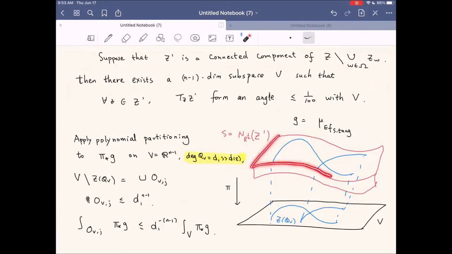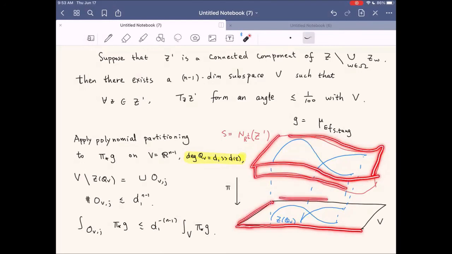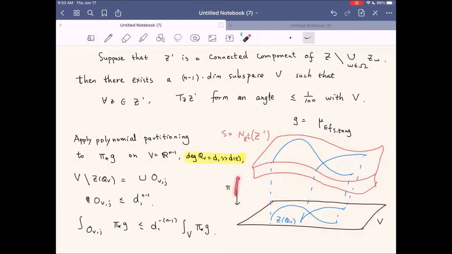This is what we do. Here we have a piece that has tangent plane close to this hyperplane. And then we do projection and we apply polynomial partitioning on R^(n-1), that is this hyperplane. And then we partition the quantity.